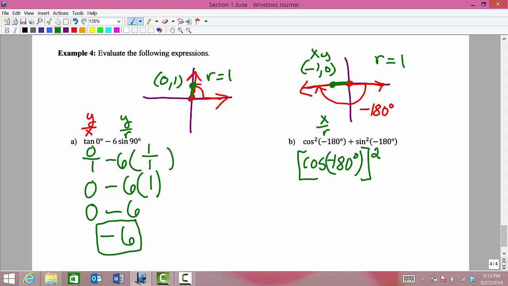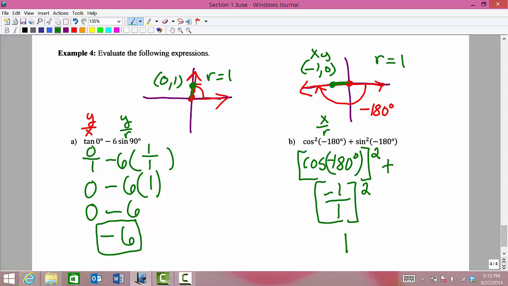So what is the cosine value of negative 180 degrees? Well, x would be negative 1 divided by r, which is 1. Negative 1 divided by 1 is negative 1, and when I square that, we get a positive 1.